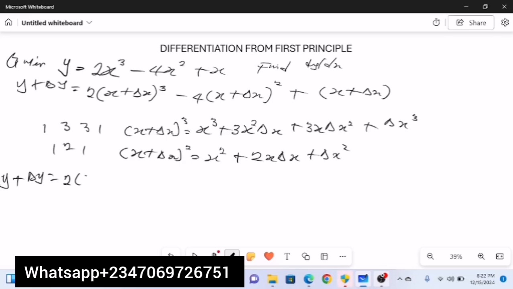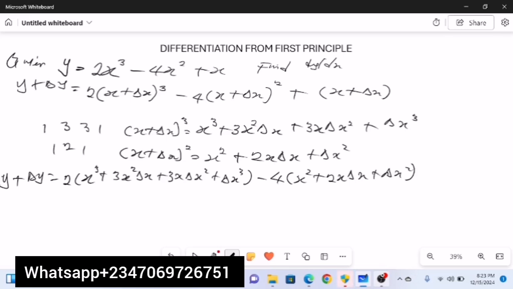We've already gotten the expanded value to be x to the power of 3, plus 3x squared change in x, plus 3x change in x squared, plus change in x to the power of 3, close your bracket, minus 4, open your bracket, in place of x plus change in x squared, we have x squared plus 2x change in x plus change in x all squared, then we have plus x plus change in x.